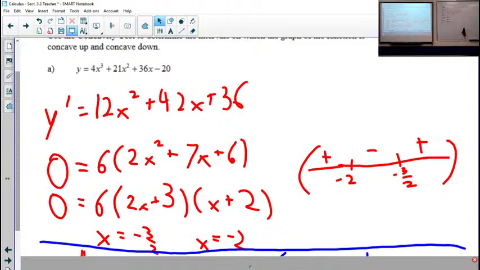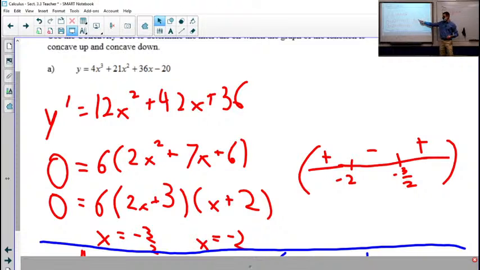One of these is a max, one of these is a min. Which one? Because?